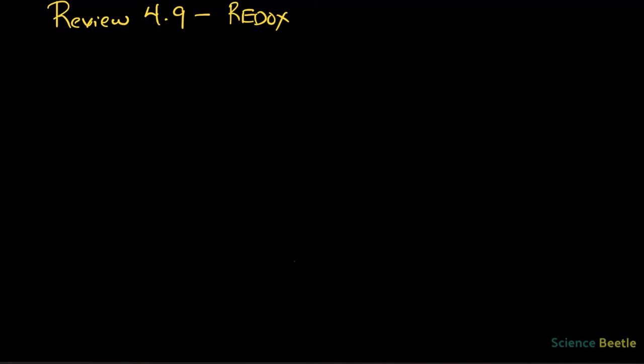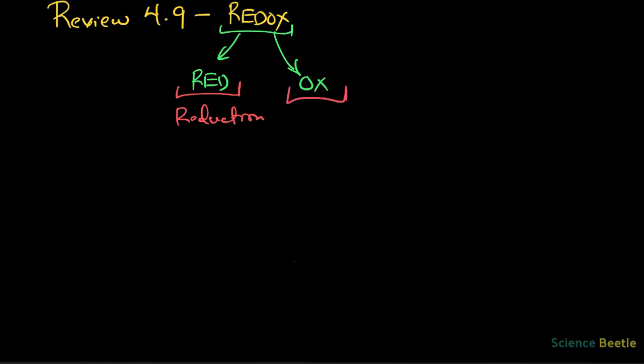Section 4.9. This section deals with redox, and let's identify all of the sections here. When we talk about redox, this name can be broken down into two parts, the RED part and the OX part. The RED part is referring to reduction, and the OX part is the oxidation part of things.